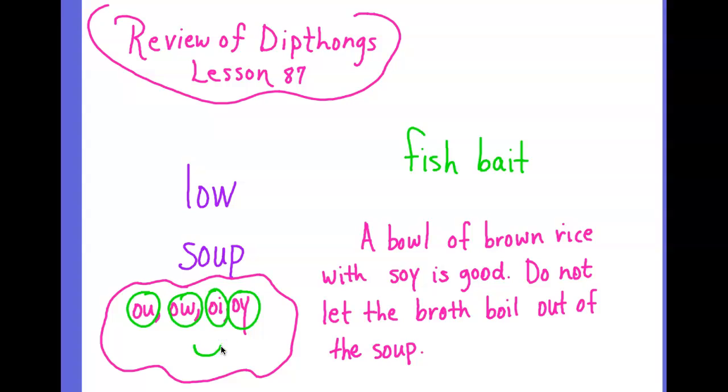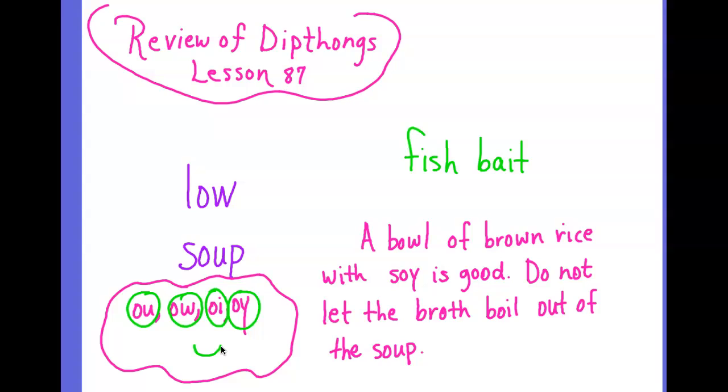Okay. What sounds do these diphthongs make? Diphthongs OU and OW are ow, and OI and OY are oi. Remember that OU and OW can also be digraphs, and then they only make one sound each. Does anyone remember what those sounds are?